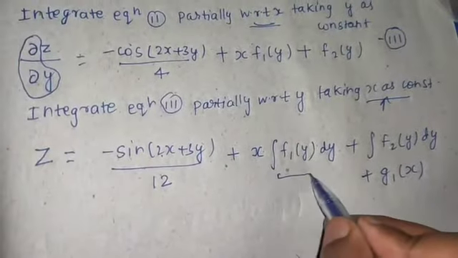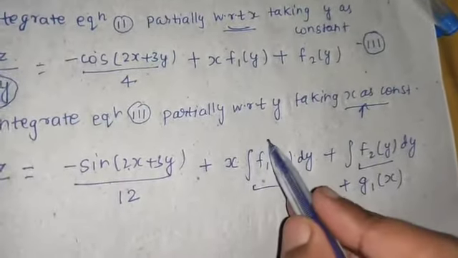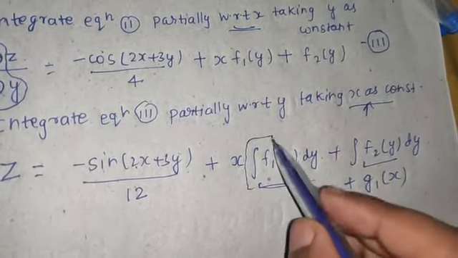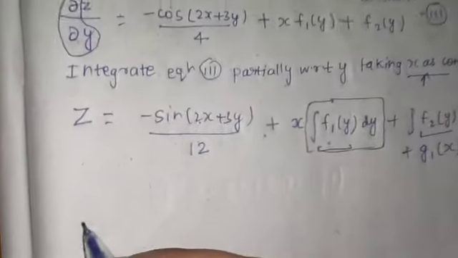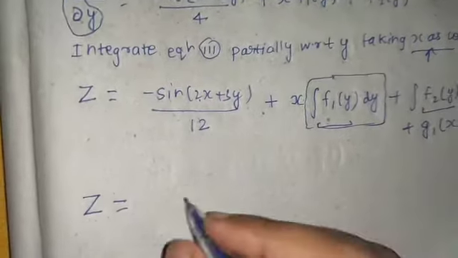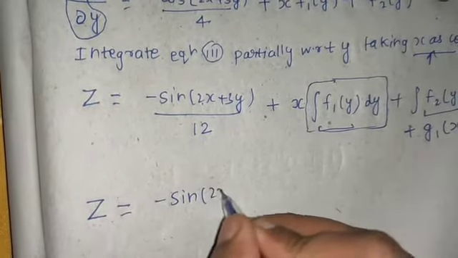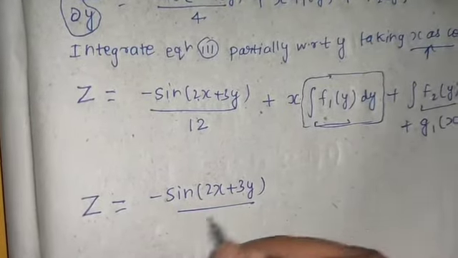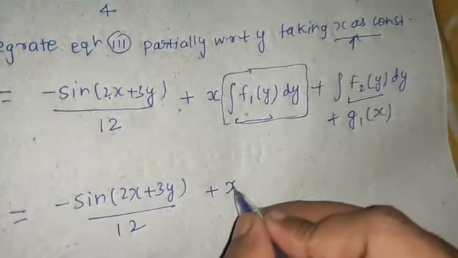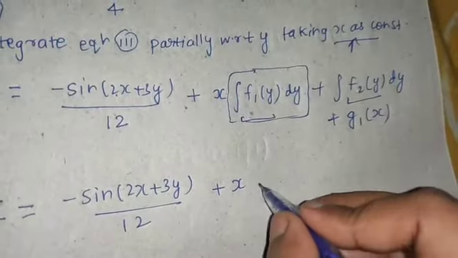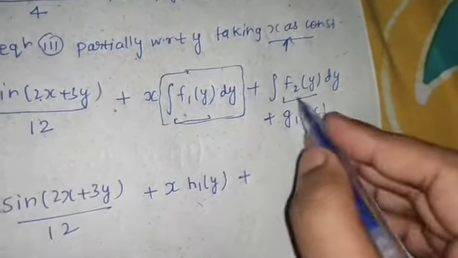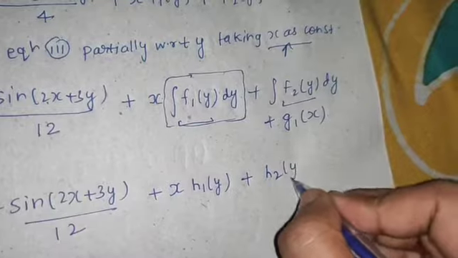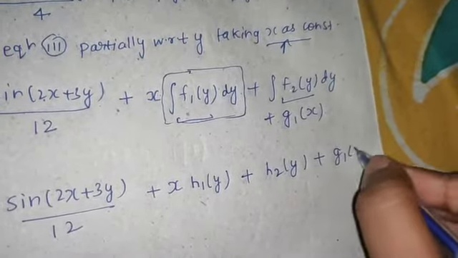Now what we do obviously is, because we don't know what f1(y) and f2(y) are, whatever this integration comes out as will be a function of y only. Same is true for this integration. So we write our final solution something like this: minus sine 2x plus 3y divided by 12 plus x times, let me name this as h1(y), plus let's name this as h2(y), plus g1(x).